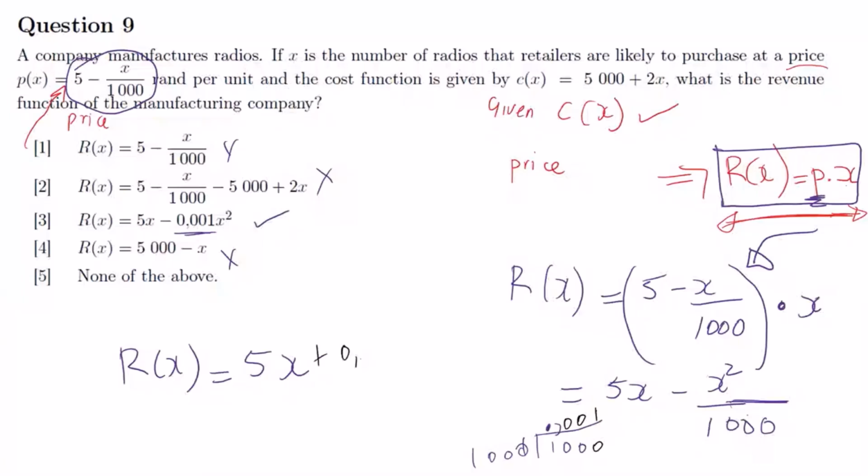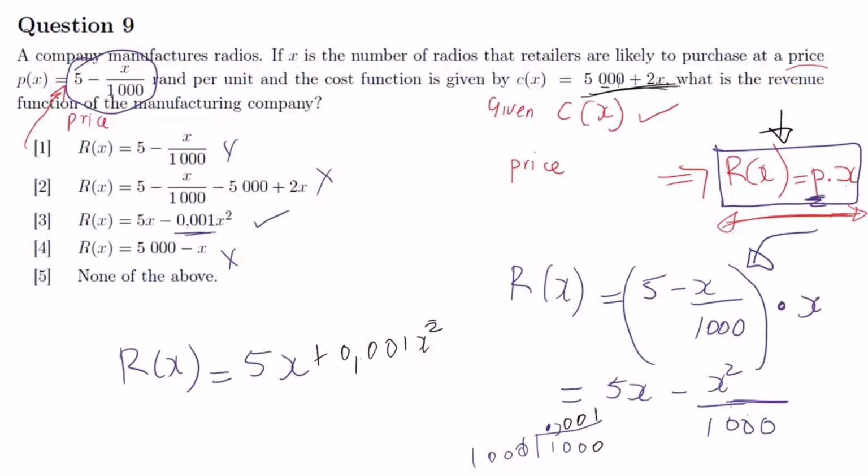Okay, so a calculator can do it for you, but if the calculator is an old one, you do it the old way. This is just to understand the concept, to understand what is given. A cost function did not help you with anything. You can only use it if you're looking for a profit function. So you don't even touch this thing. It's for you to understand that this is the definition for a revenue.